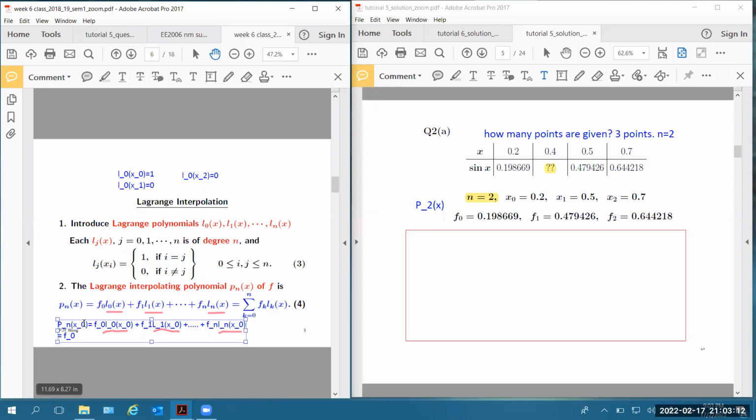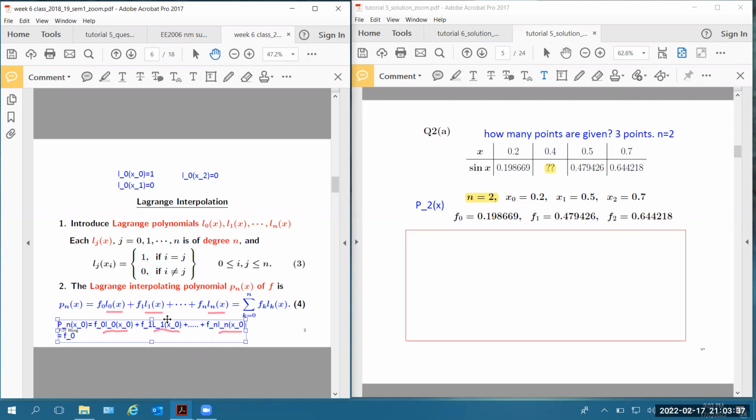So Lagrange one will be what? f0 L0(x), f1 L1(x). You're looking at P2, right? So what is your last term, class? For P2(x), Lagrange polynomial, what is your last term? You got f0 L0. What's your last term? f2 L2(x). Yeah.